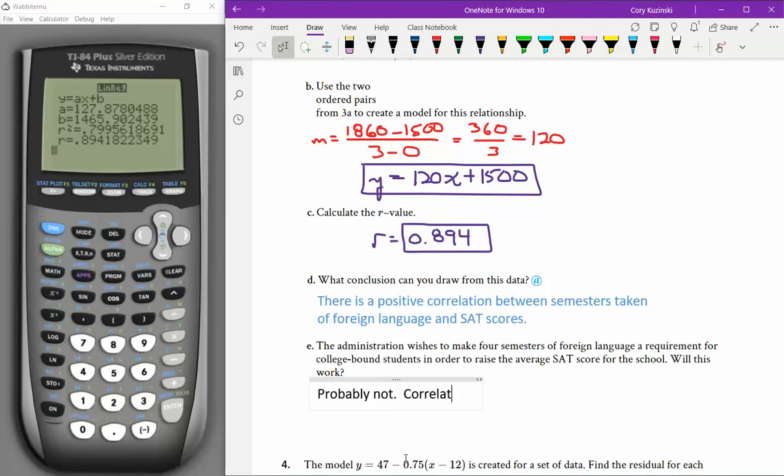Correlation is not causation. Just because they are related somehow, it doesn't mean one is causing the other.